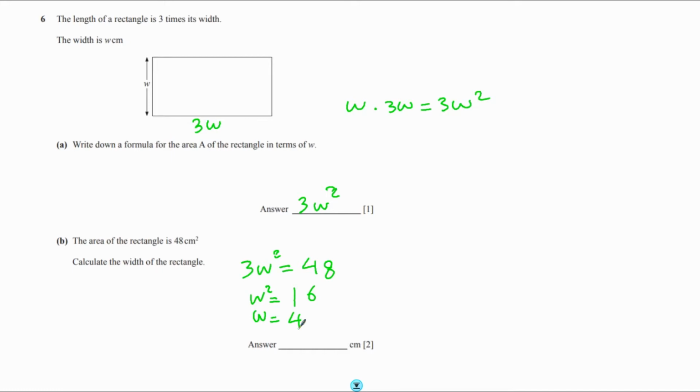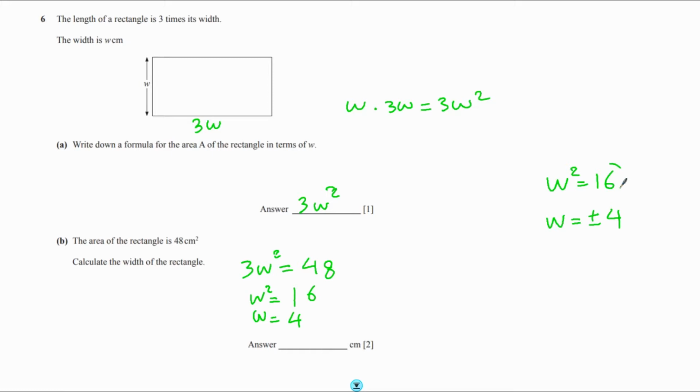And just pay attention here in algebra: when we say W squared equals 16, and when we square root, we should say W equals plus or minus 4, plus or minus the square root of 16, because minus 4 times minus 4 still gives plus 16. So that is still an answer.